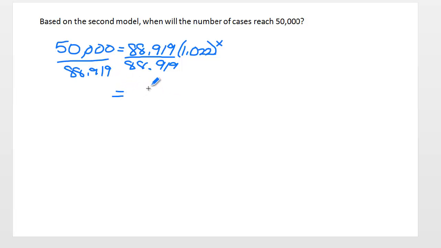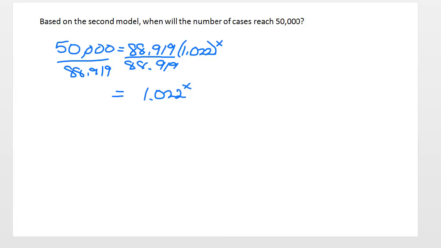And then that will be 1.022 to the x power. And once we have evaluated that, how do we get rid of our base if it's being raised to the exponent? We would take the log of this number.